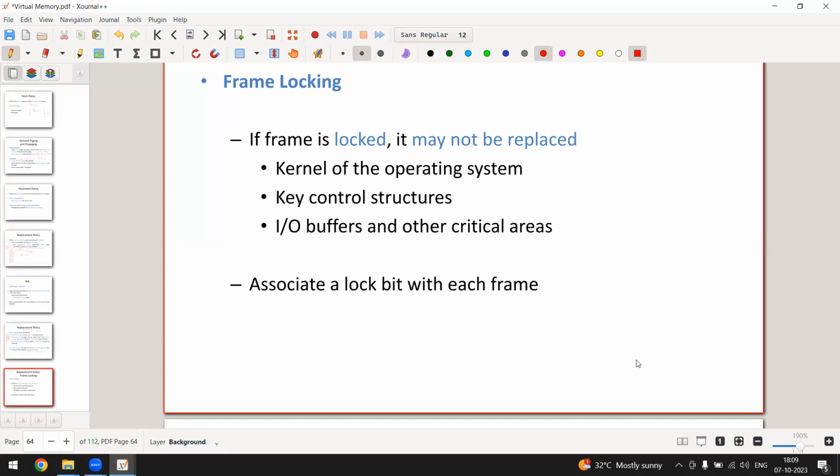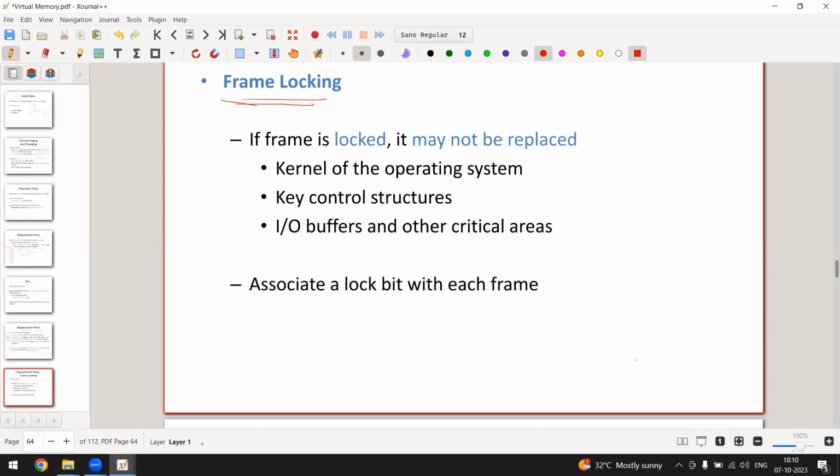That is a good decision you have to take. If the frame is locked, then leave it. Don't consider it for replacement. Again, you see that I'm not using the word page locking, I'm using the word frame locking.